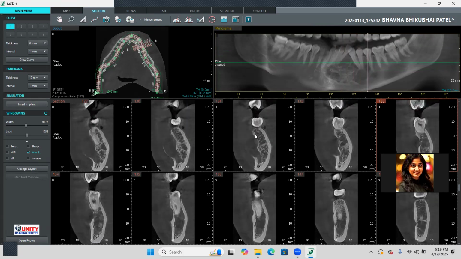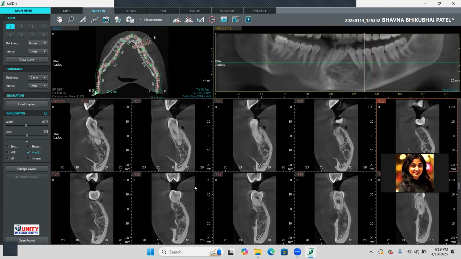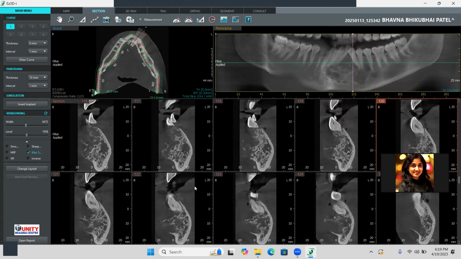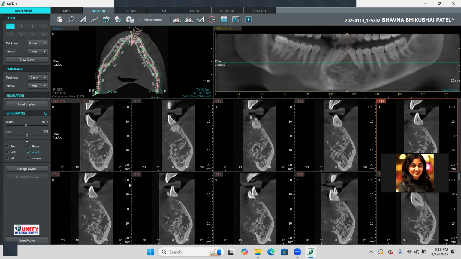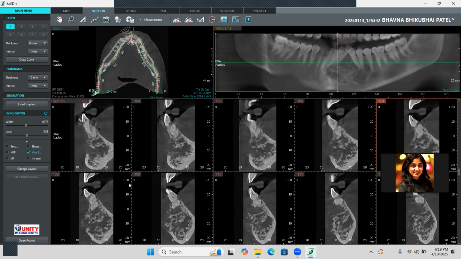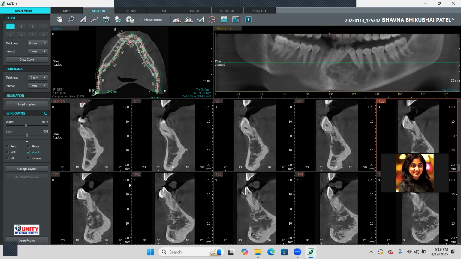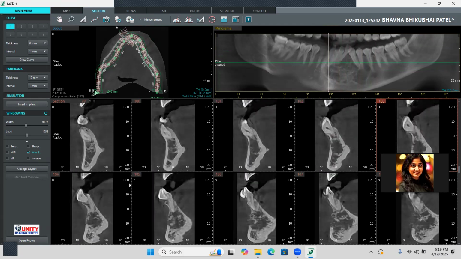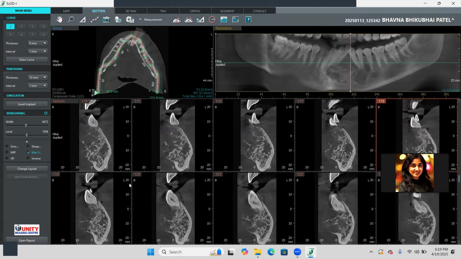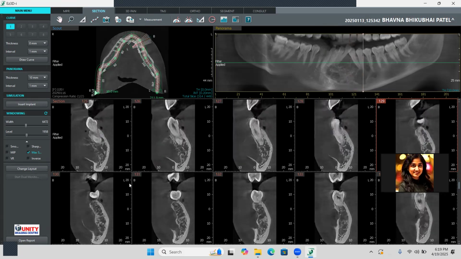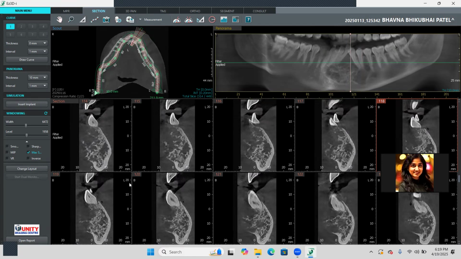As you can see, a big radiolucent locule and then the smaller ones. Since it's a female patient, and usually it happens in the middle-aged, if she is middle-aged, we can suggest CGCG, central giant granuloma. In the mixed lesion, PCD, periapical cemental dysplasia can be suspected, but it looks more like a locular lesion.